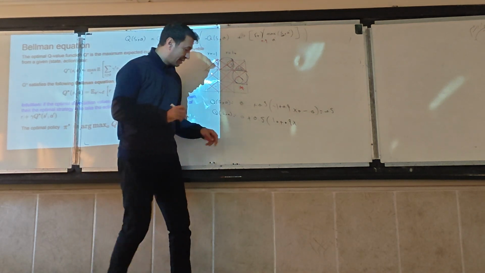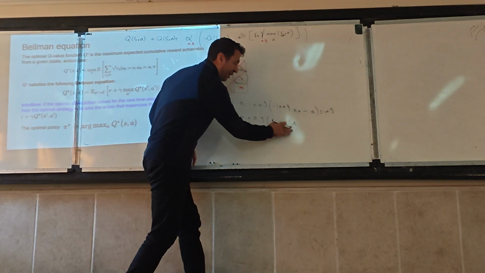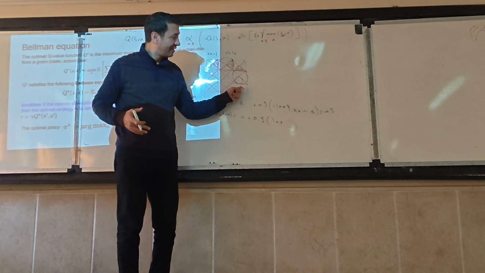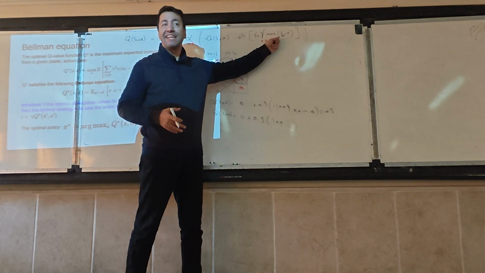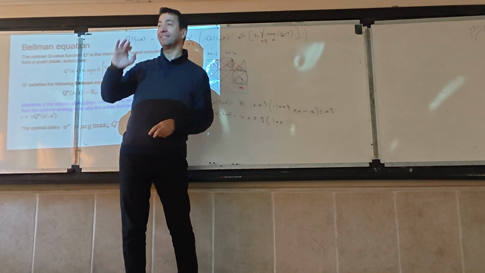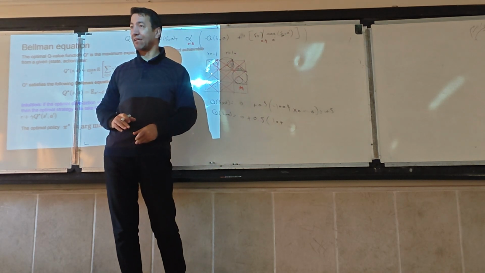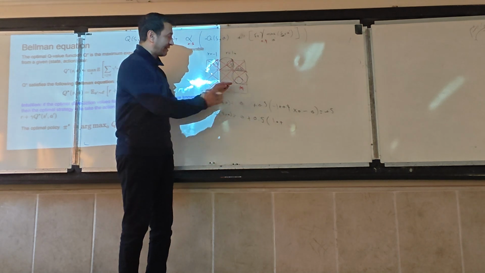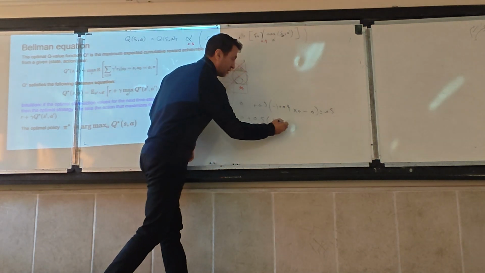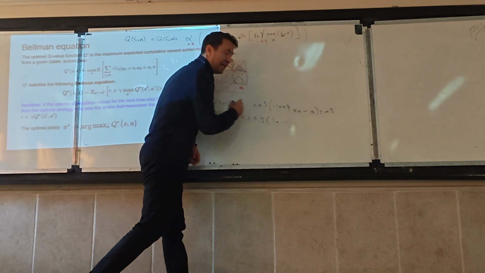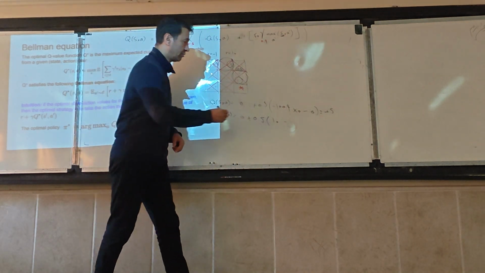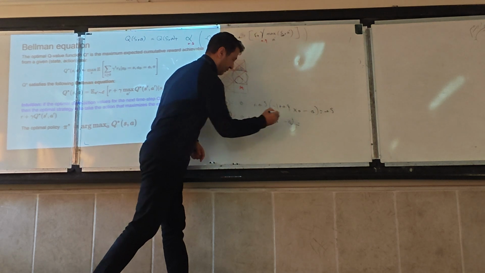When we are at the destination, we don't have the next, so we don't write the gamma and the max of the next. That's the final of the game. So then we have minus previous value of this room, which is 0. That's 5.